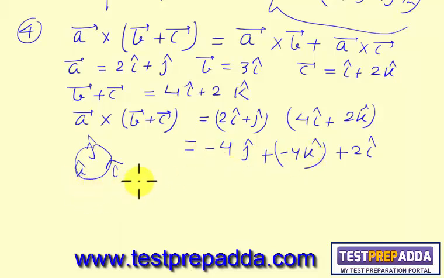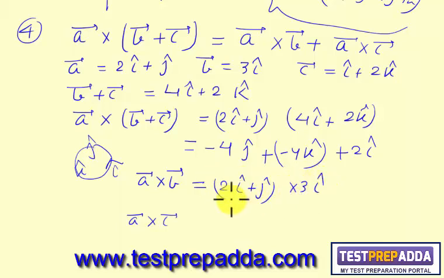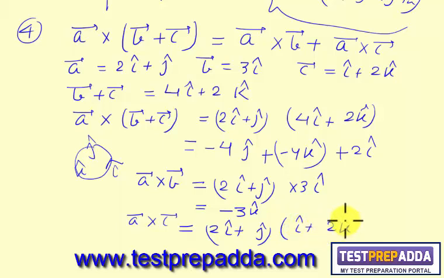Now we have to find first A cross B and then we have to find A cross C. It will be (2i plus j) into 3i cap. So it will become j cross i, which is minus k, so it will be minus 3k cap. A cross C I can write as (2i plus j cap) and (i cap plus 2k cap).